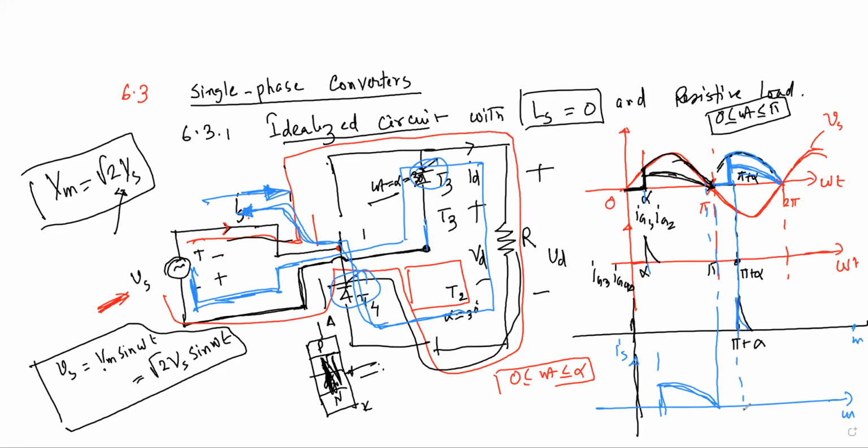And probably you have already forgotten. So that will be the wave shape of the IS. In the negative half cycle, IS will be the mirror replica of whatever you have got in your load current. You understand it or not? Yes, sir.